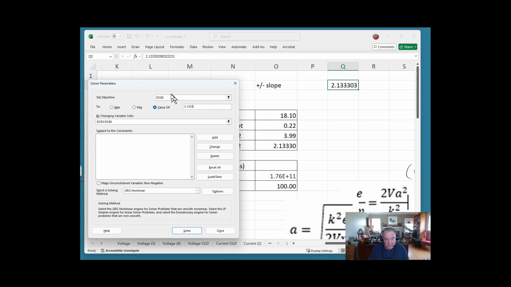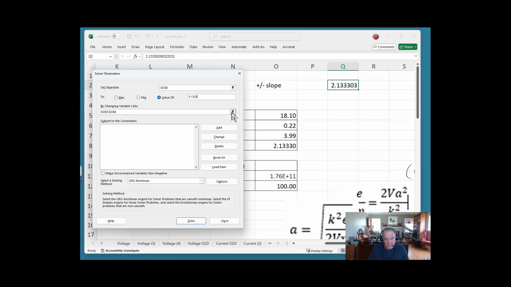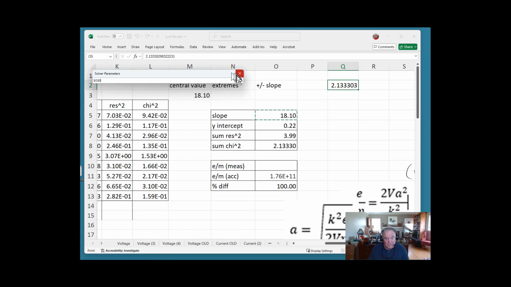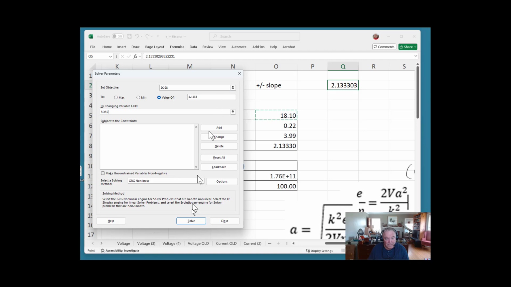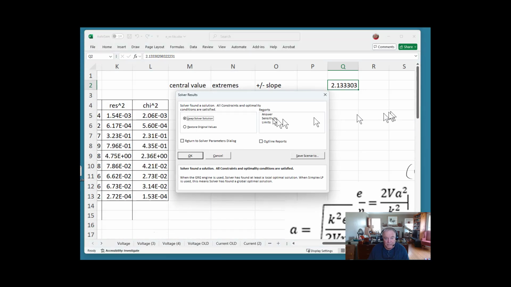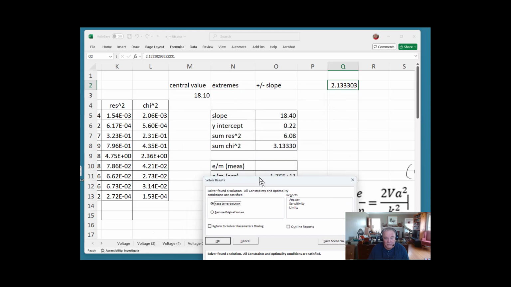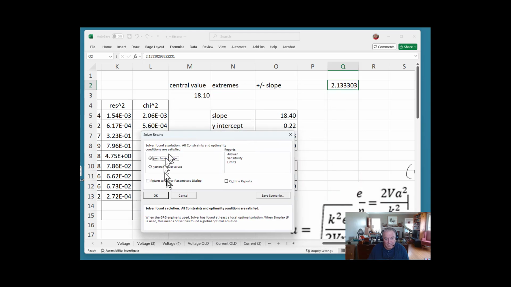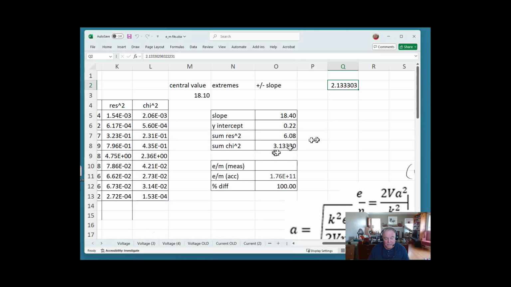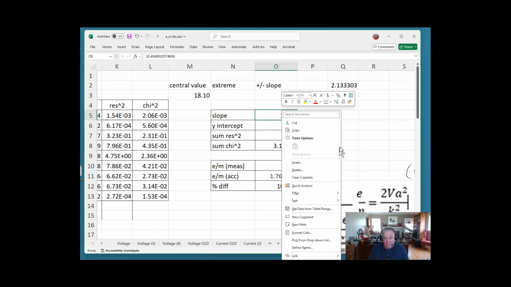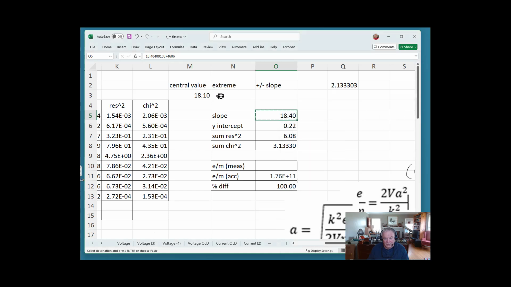Now we only want to vary the slope, not the y-intercept as well. There we go. Let's hit solve. It doesn't seem to have gone nuts. All right, so this is an extreme value here. We're going to copy it and paste it as a number.